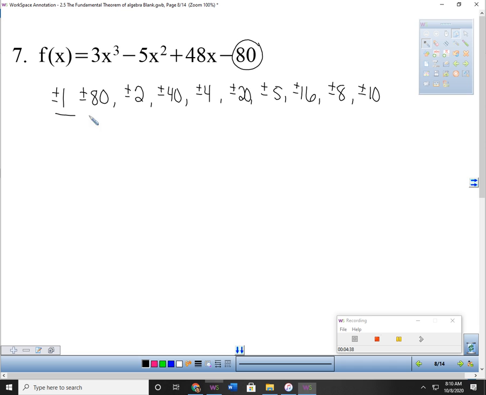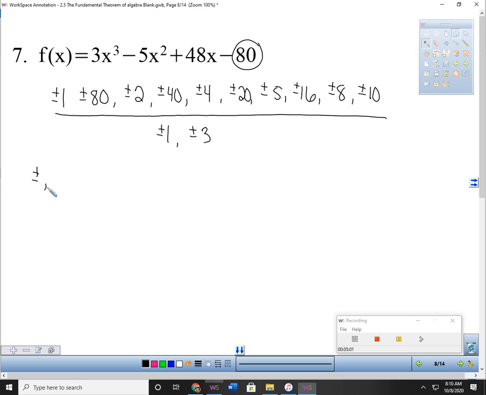Then I'm going to divide all of those by the factors of 3, which would be 1 and 3. Then I have to go through and divide everything. So everything on top divided by 1 would be everything on top.